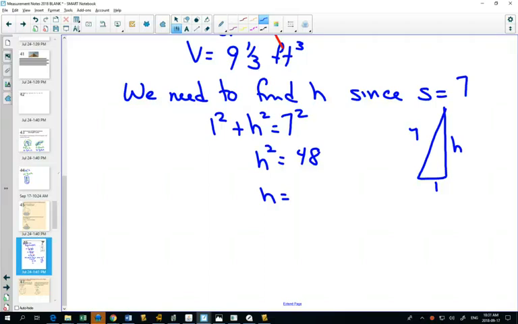If you had to do mental math, how would you estimate that? Just under 7, because 49 would be 7. So it seems reasonable to estimate it as just under 7. So the square root of 48 is 6.93.